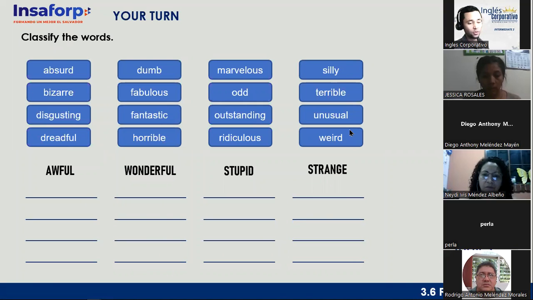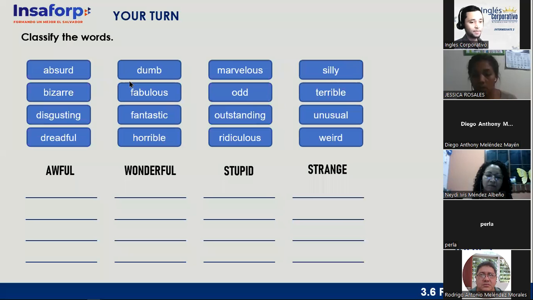You need to classify these words in these four categories: awful, wonderful, which is the opposite, stupid, and strange. We're going to try to do this exercise together because we have many more exercises today in which we're going to be using the breakout rooms.